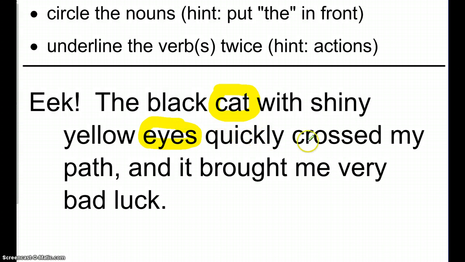The quickly, the crossed, the my, the path, the and, the it, the brought, the me, the very, the bad, the luck works. So all of these words are nouns, and we can identify them using our little hint. So tomorrow we'll talk about verbs, and you will see a new screencast.